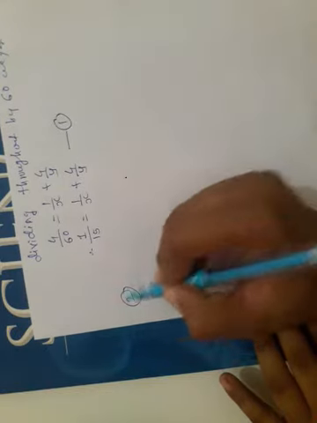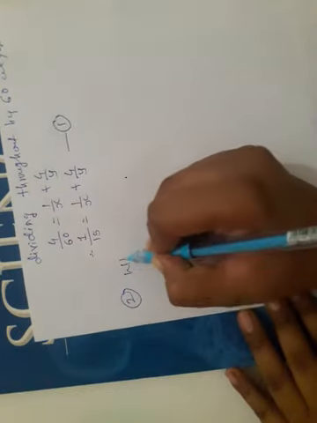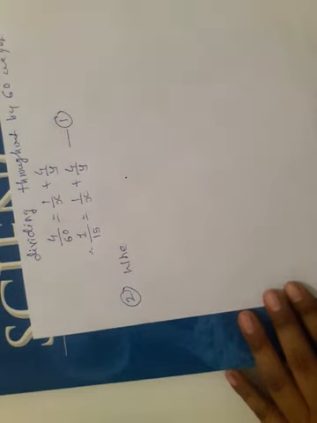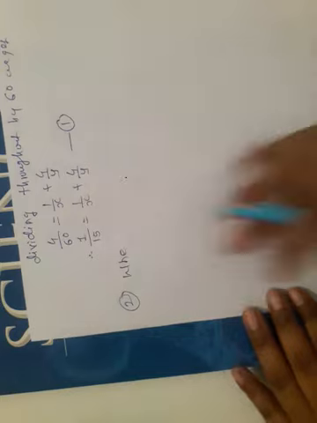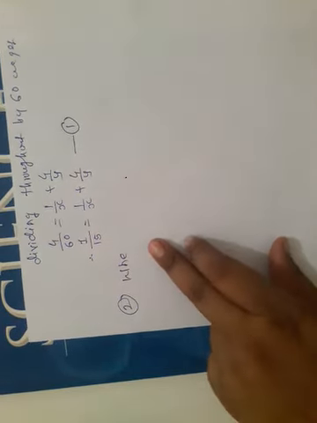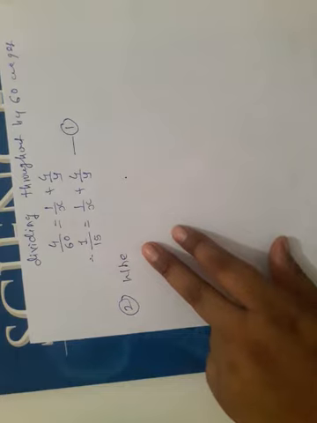Similarly, for the second case, when she travels 100 kilometer distance by train, then the remaining distance is what?